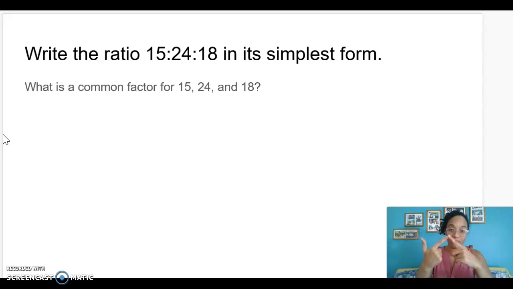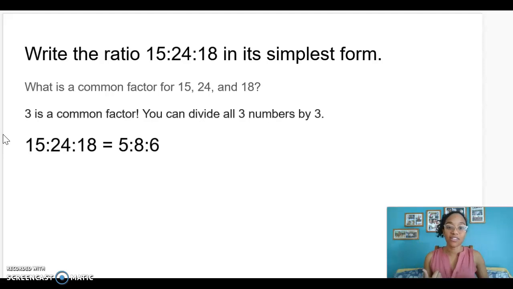Let's go to 3. Is 3 a factor of 24 and 18? Yes, I've seen the 24 and 18 on the 3 times tables, so let's look at how we can divide. Divide all of those numbers by 3, and we get 15 divided by 3 is 5, 24 divided by 3 is 8, 18 divided by 3 is 6.